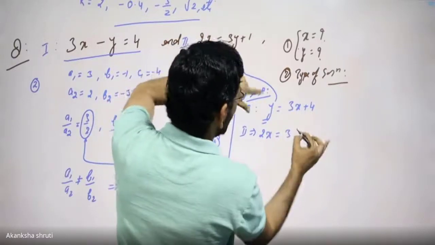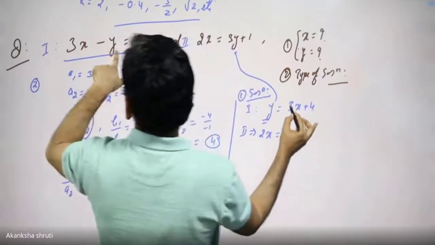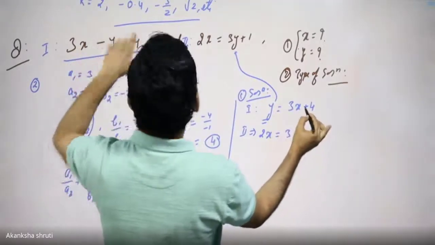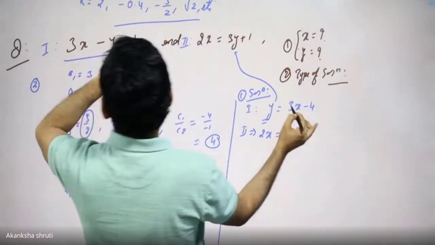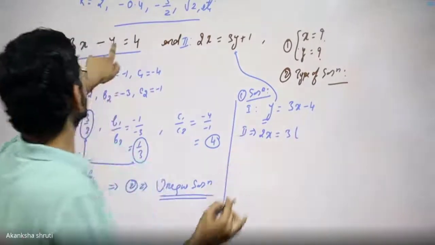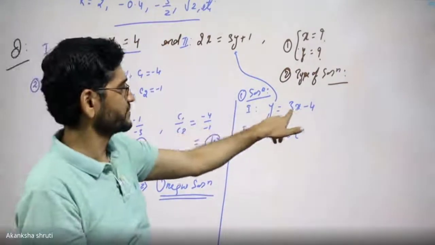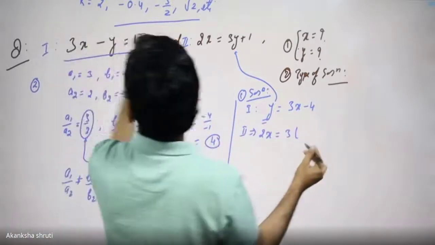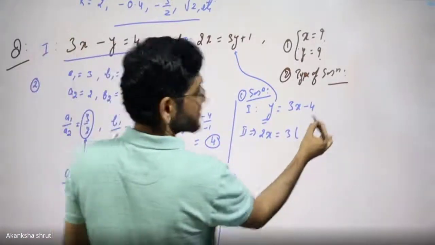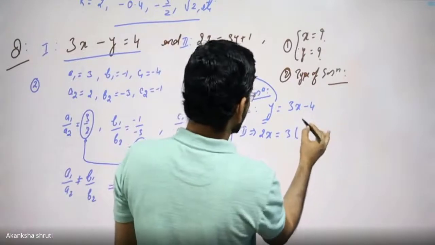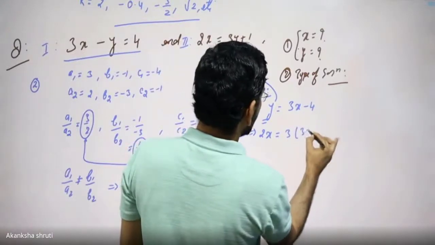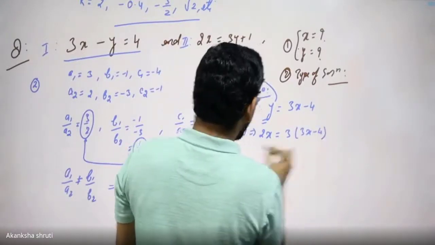In place of y, we will substitute 3x minus 4 that we calculated. By rearranging, y was brought to this side, this 4 was brought to the other side, so it became 3x minus 4. Students, let me substitute quickly. Then we have to just solve it.